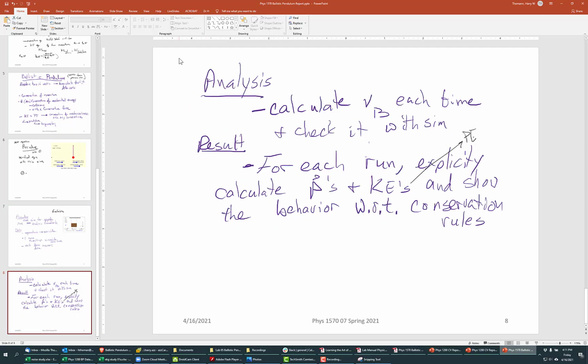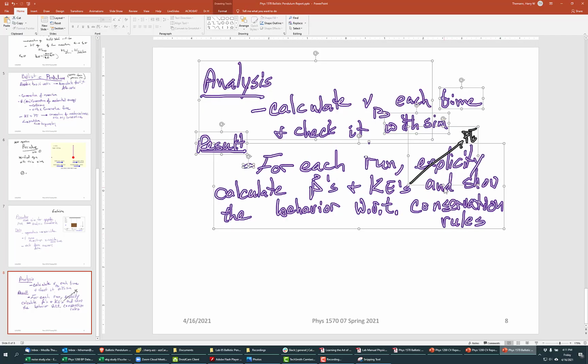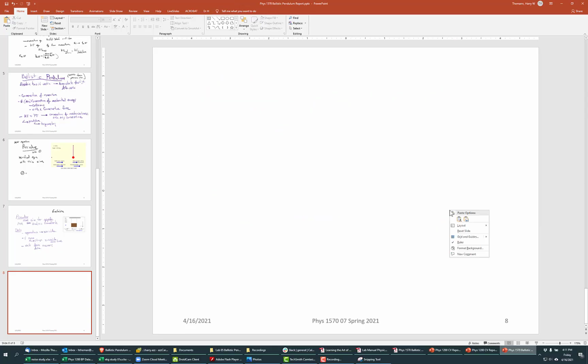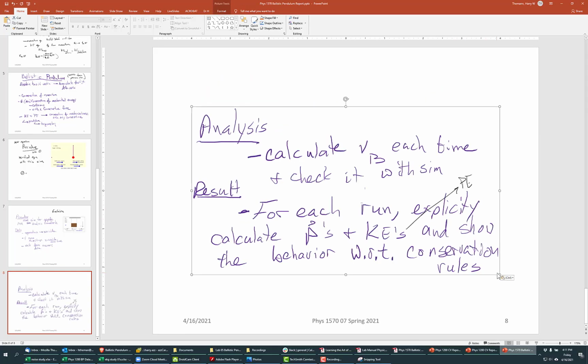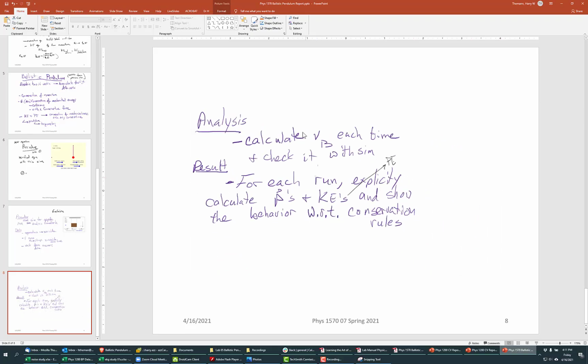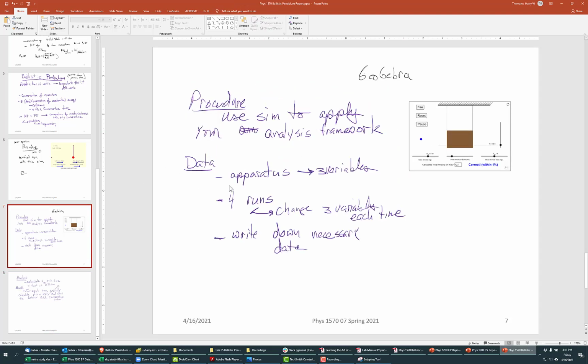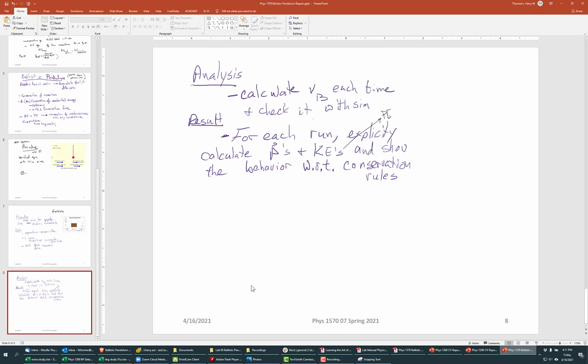And then what we did is we also cut and paste. This just makes it smaller, it makes the file smaller too. So we calculated with our equation each time what the height should be, and then we ran the sim to see what it ends up being.